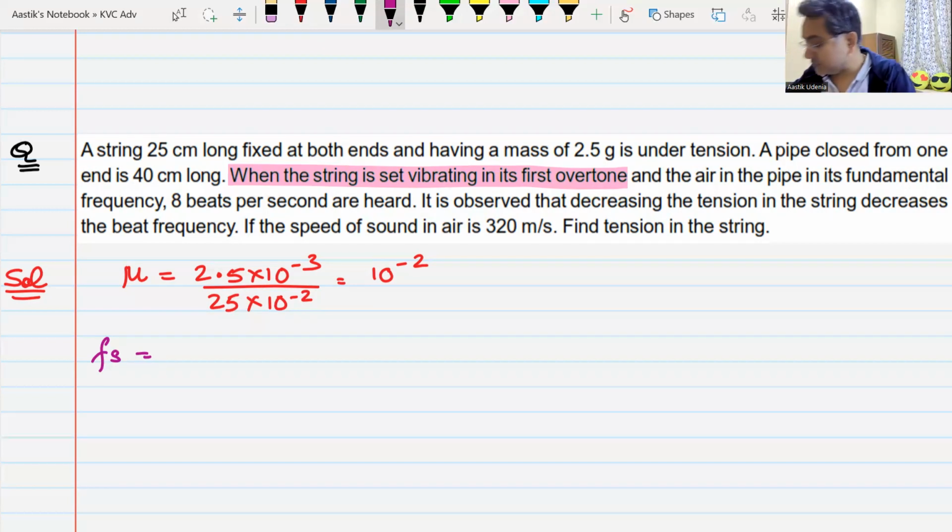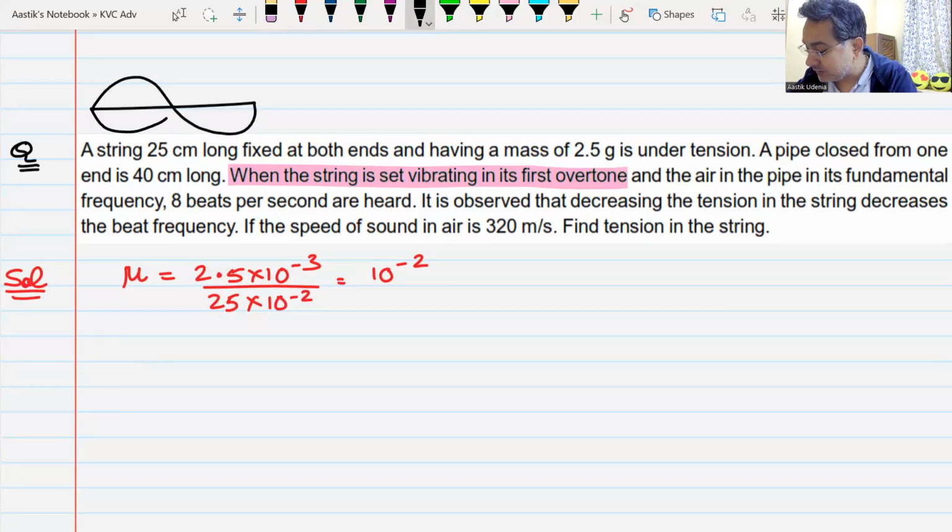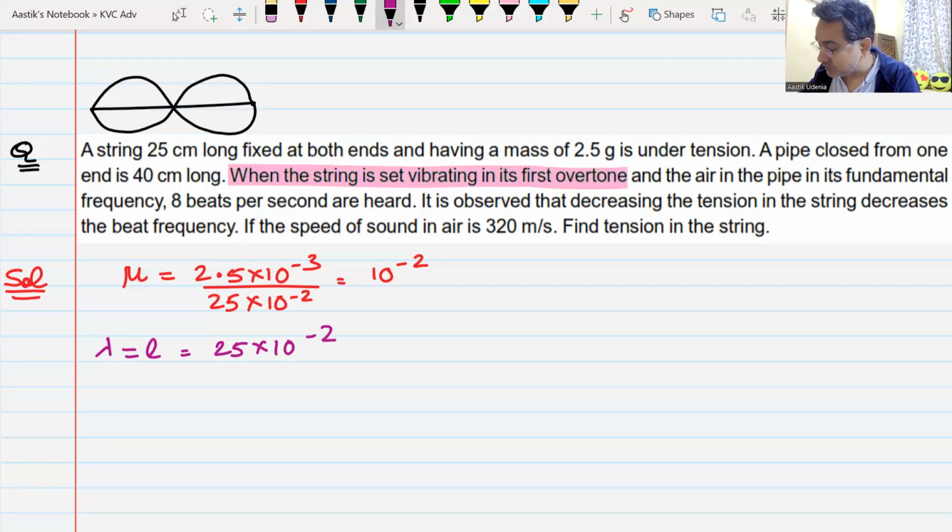Take a deep breath. How does the first overtone of a string fixed at both ends look like? It looks like this, my dear friend. So lambda will be equal to L, 25 centimeter, 25 into 10 raised to the power minus 2.